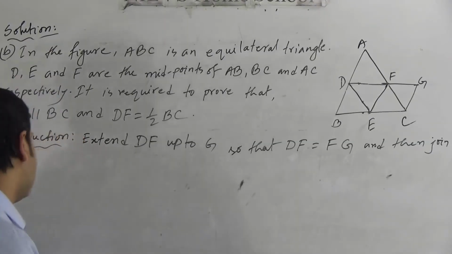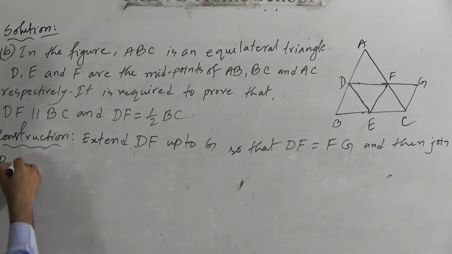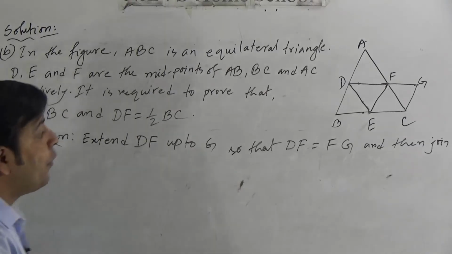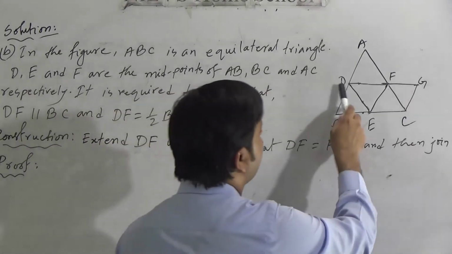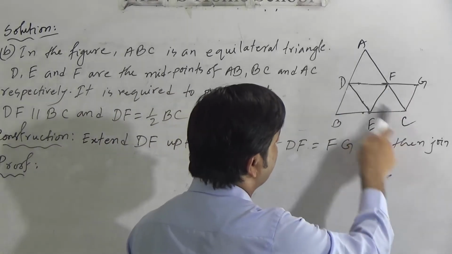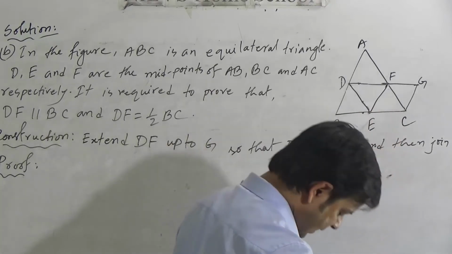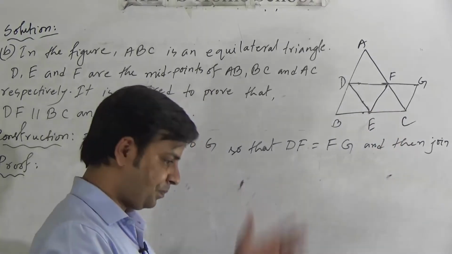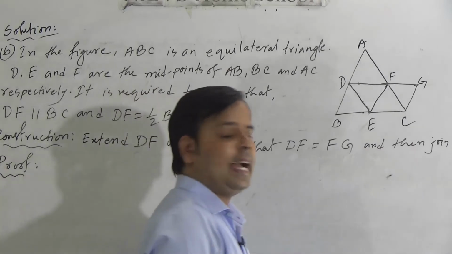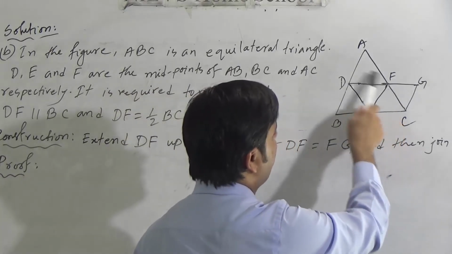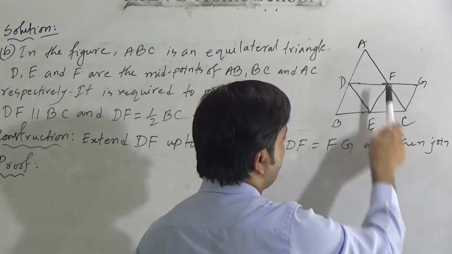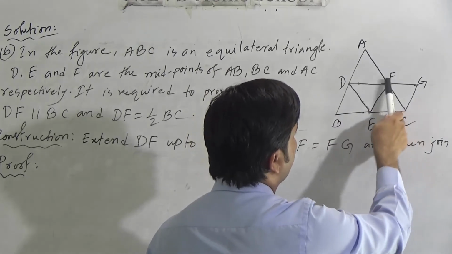I will go to the proof now. Dear students, we need to prove that DF is parallel to BC and DF is half of BC. To prove this, at first we can consider these two triangles ADF and CGF.